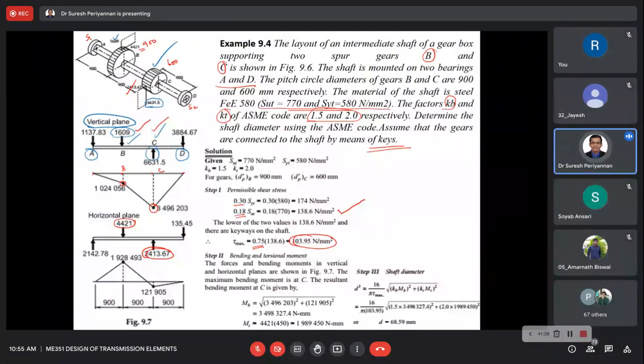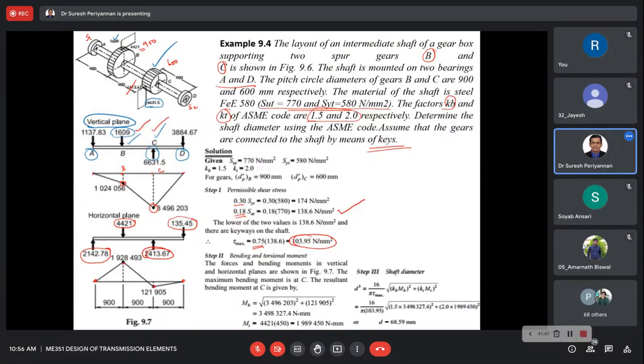Then go for the reaction calculation. You are able to find out how much reaction force is acting at bearing S1 and how much at bearing S2. Once you have found it, then go for the bending moment calculation.